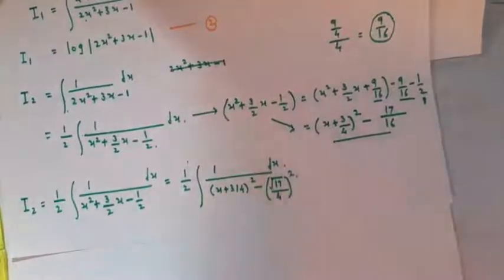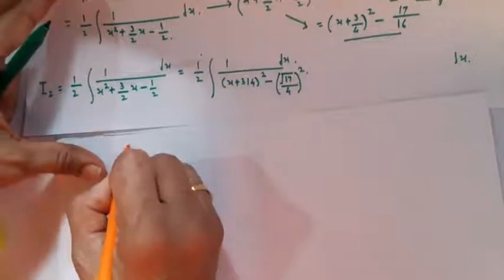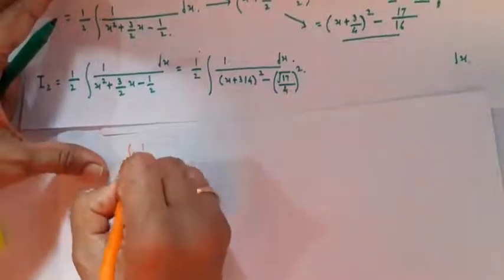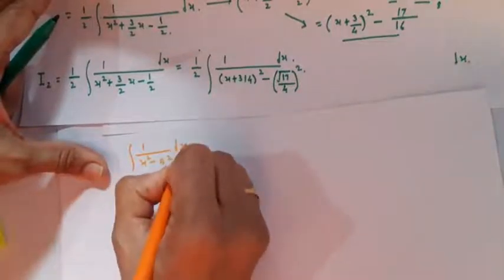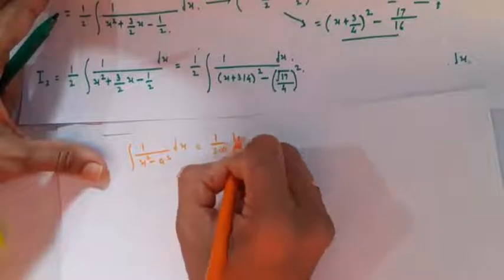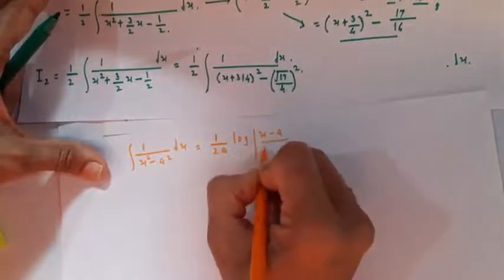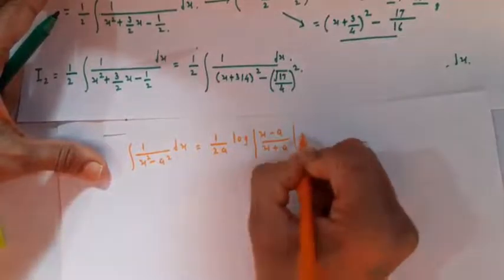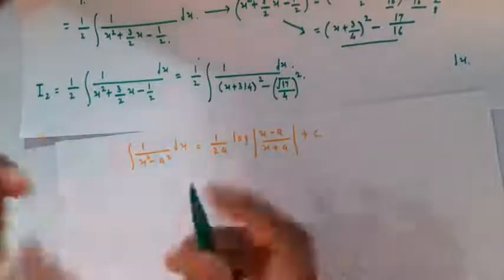This is an integration of the form 1 upon x square minus a square with respect to x, and its integration is 1 upon 2a log of x minus a upon x plus a plus constant of integration c.